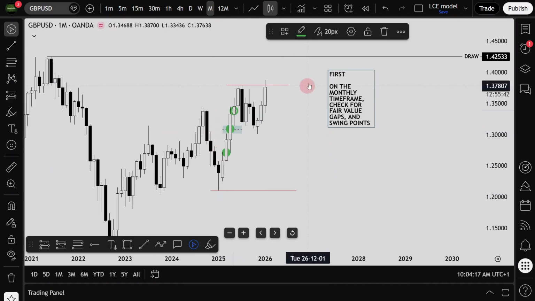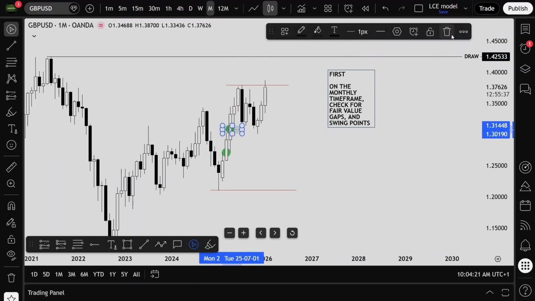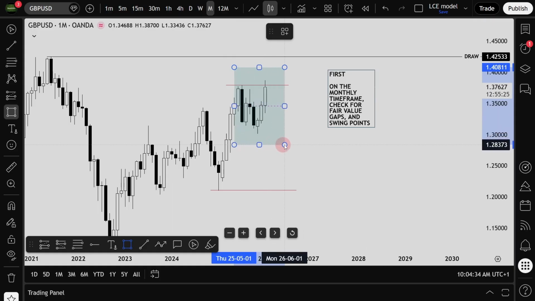All right, so how do you mark out your fair value gaps? When you see a candle like this, for instance, let me first put on the vanishing box over here.